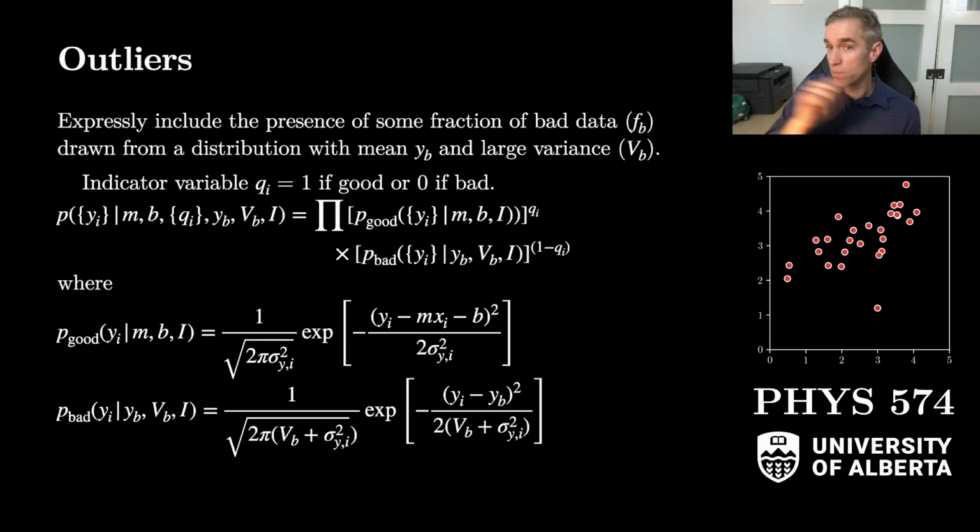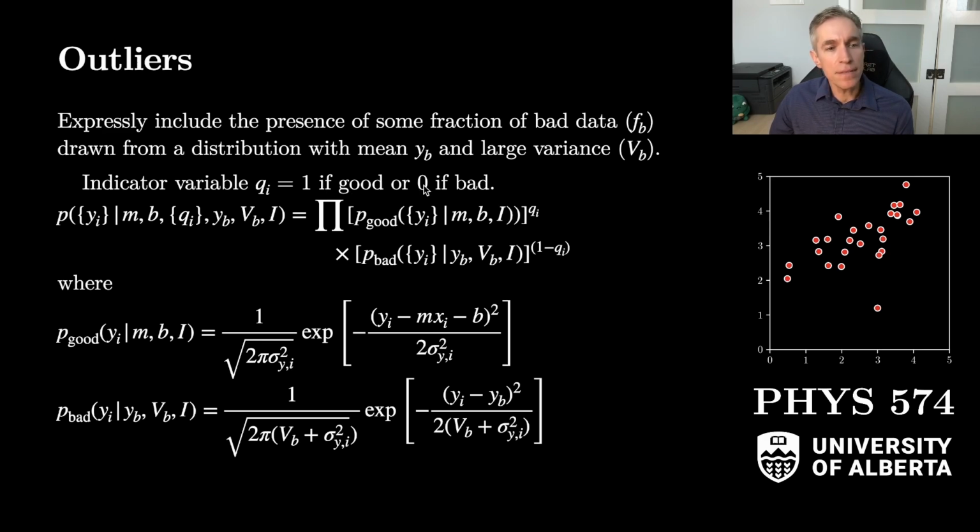And so when we work all that out, that's the product of belonging to the good probability density distribution function and then the bad probability distribution function. And you notice that with the indicator variables, if it's good, this term is going to be 1 and you get the good probability.